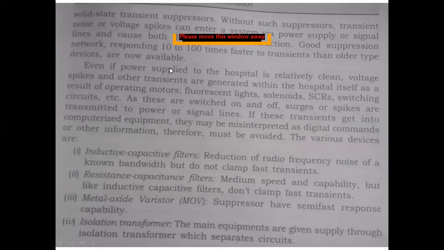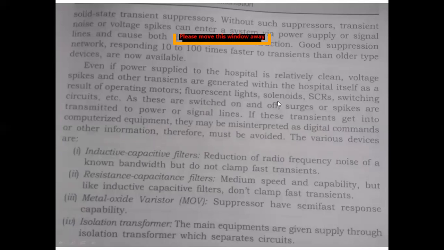When we are operating in any industry or with other electronic devices, we should not combine them. While operating different AC operated devices, suppose we have fluorescent lights, solenoids and SCRs, heavy power control devices, power electronic devices and switching circuits.